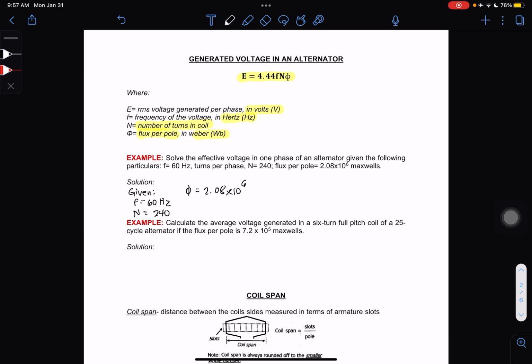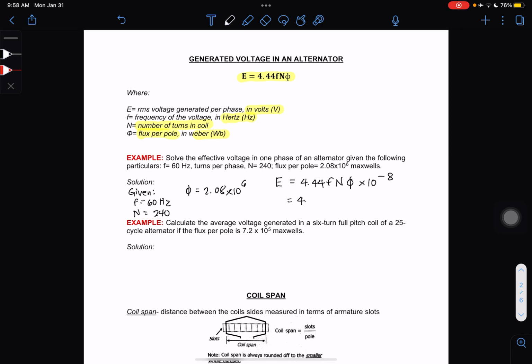So the formula is E equals 4.44 multiplied by F, N, and angle phi. So take note that our problem is in Maxwells. Therefore, we need to convert Maxwell to Weber, so we have times 10 raised to negative 8.